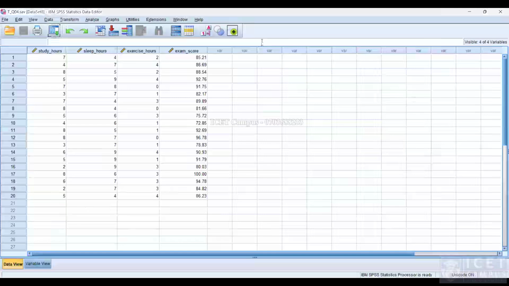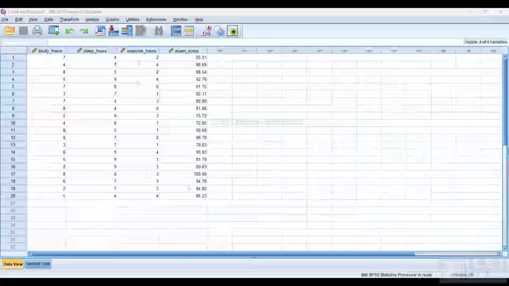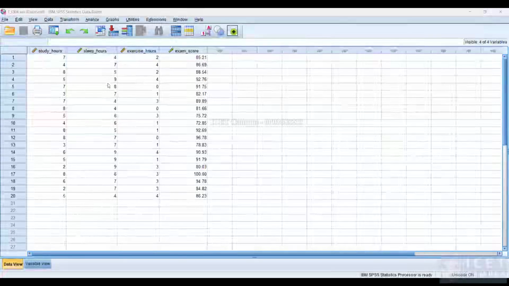So this is study hours, sleep hours, exercise hours, and exam score. So all the things are here now.